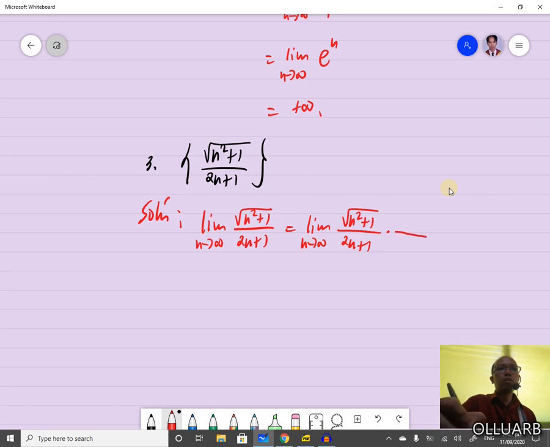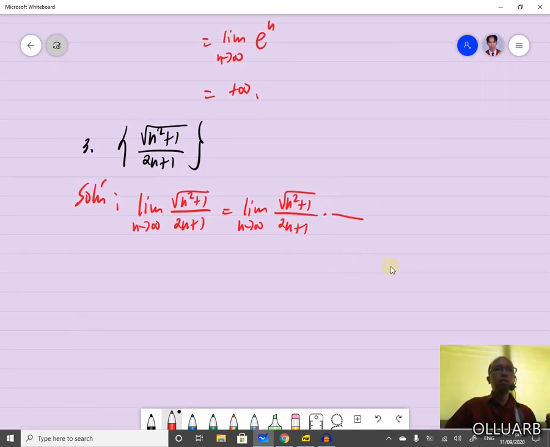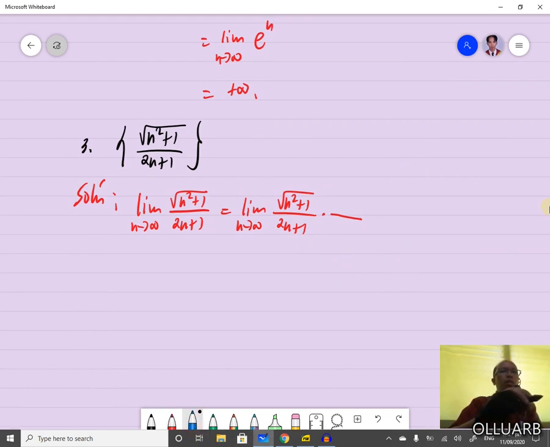So what should we multiply both sides of this equation? So I guess we are going to multiply 1 over the square root of n squared, so that we can combine this one.